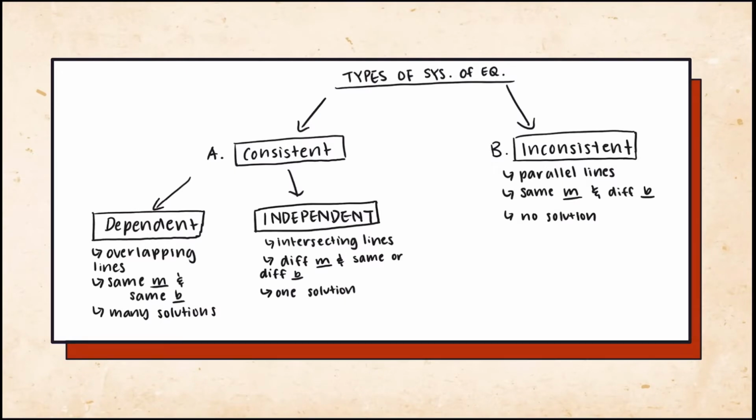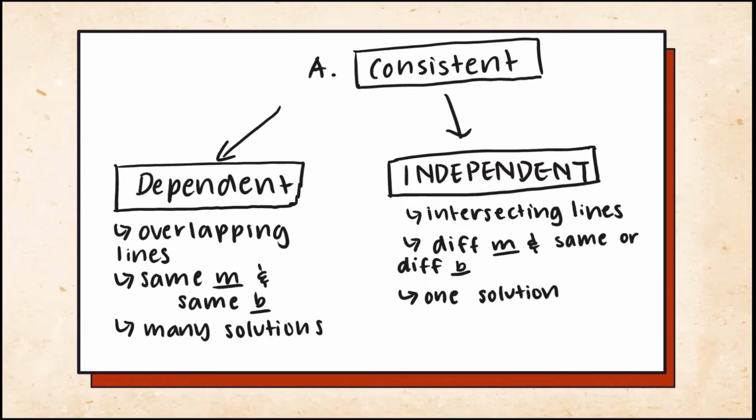Consistent dependent, consistent independent, and inconsistent. For the first one, consistent, there is dependent and independent. Dependent has overlapping lines, and they have the same slope and y-intercept and have many solutions.